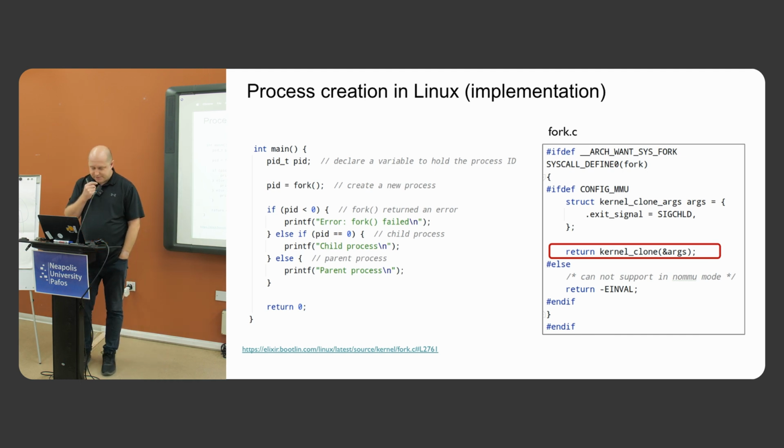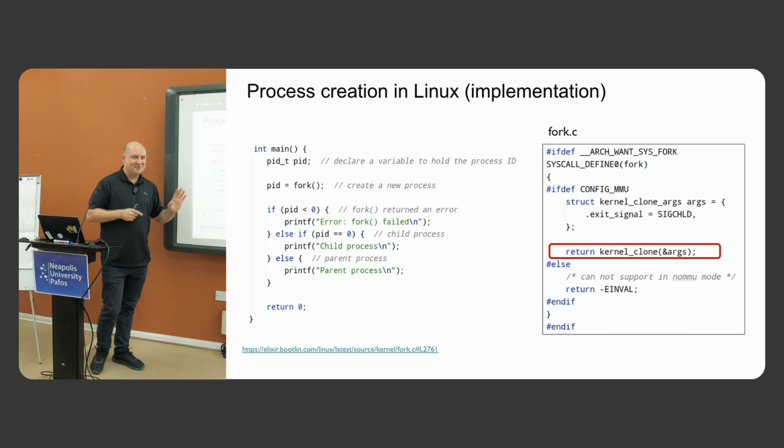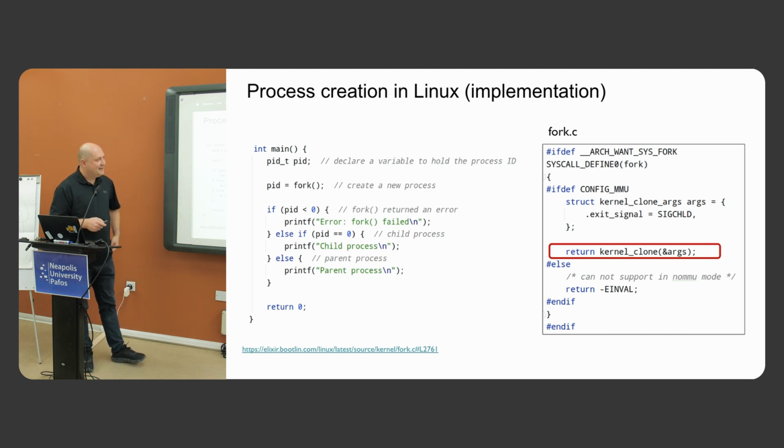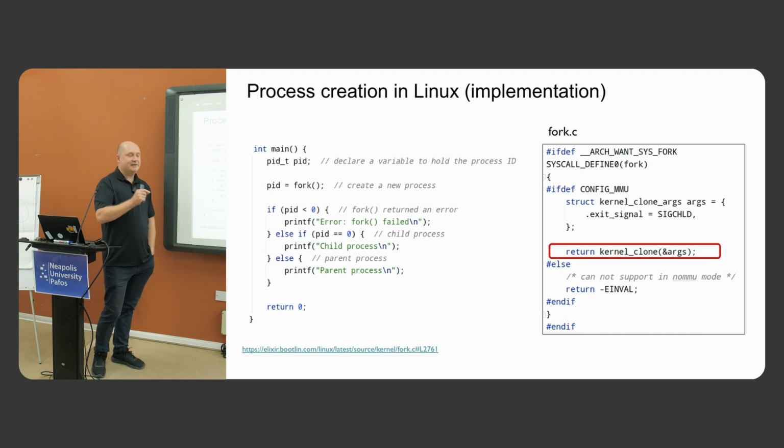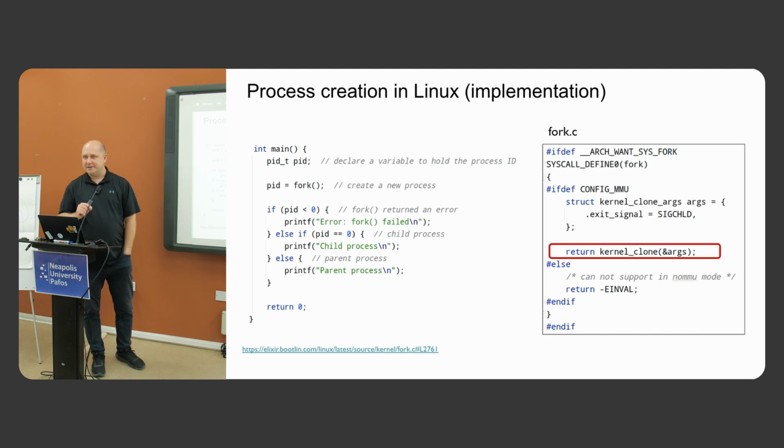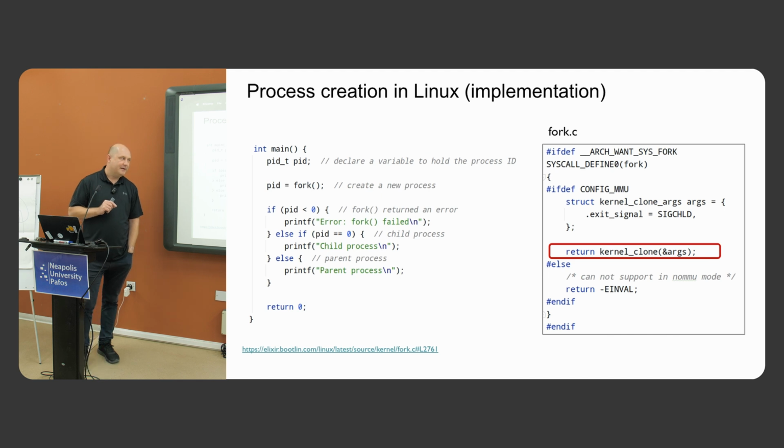Because from the initial stage of Linux, some years ago, fork was a fork. Trust me. But now fork is a clone. And clone is one of the interfaces for creating namespaces. In this case, it just creates or uses a process ID namespace.